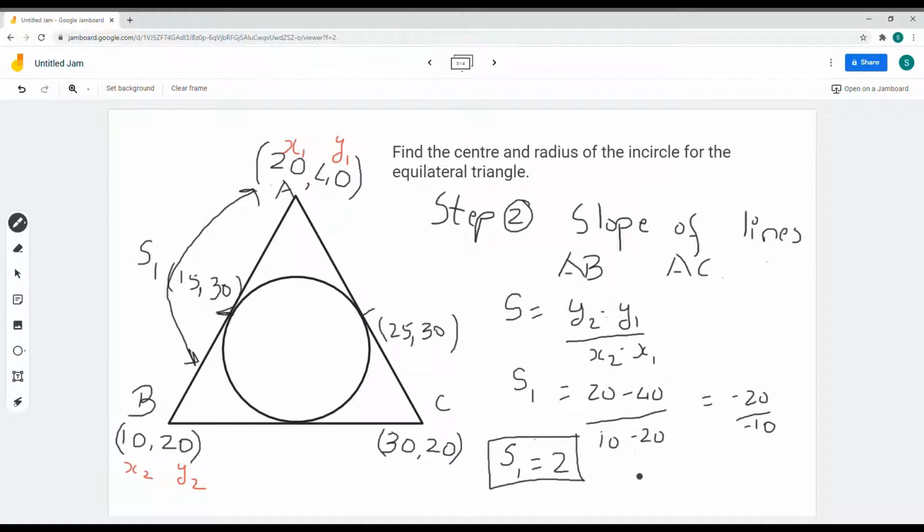Now the other thing I need to do here is find out the slope of its perpendicular. In other words, I found the slope of this line, but actually you need the slope of the line going towards the center. So slope of perpendicular 1 is nothing but negative 1 over slope 1, which in our case is negative 1 over 2.